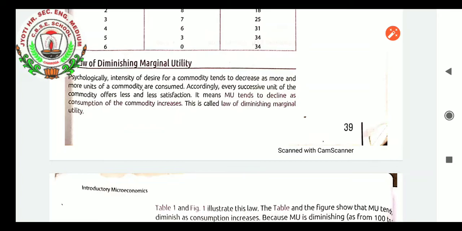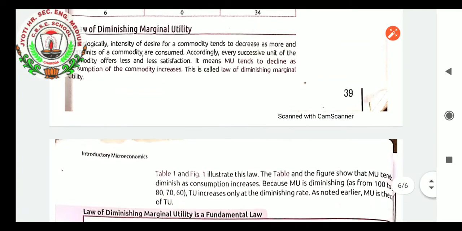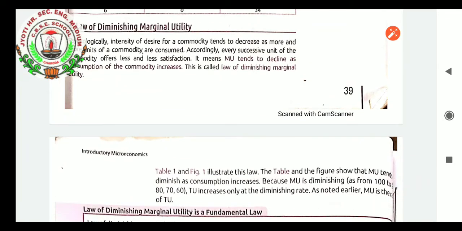When they are not having the thing, they have more interest. When they get it the first time, they have the same interest. When they consume it the second time, they still have the interest. But if they get it a third time, their interest in that commodity will go down. That law itself is known as the law of diminishing marginal utility.